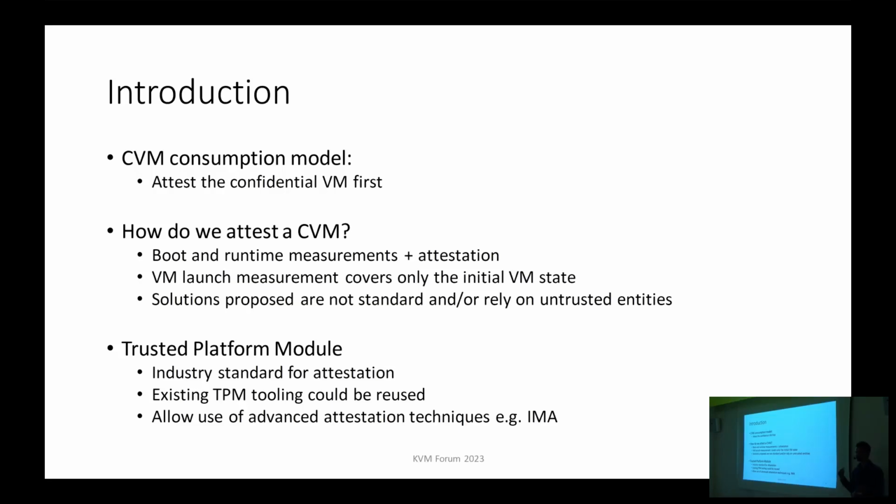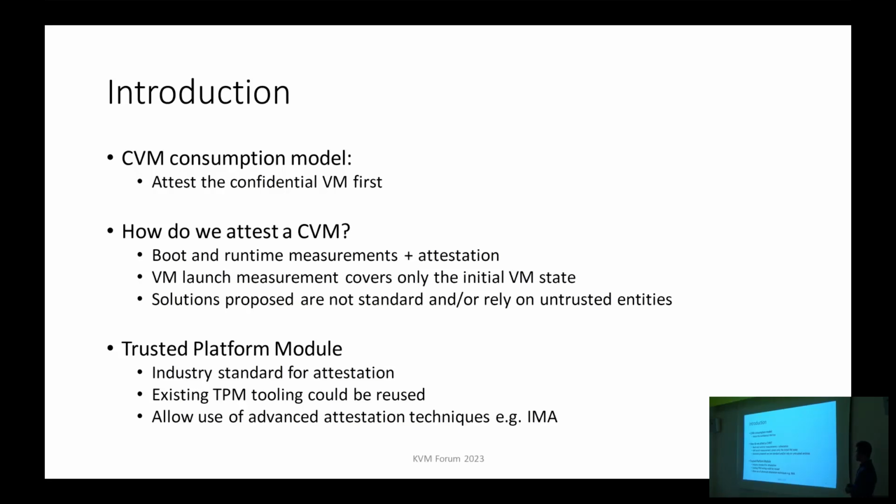In the last KVM Forum, last year, Tobin and Dov started discussing how we could have a more standard way of attesting a confidential virtual machine. We believe that using the Trusted Platform Module is a good way of doing that, because the TPM is an industry standard for attestation, and it also already has rich TPM tooling that we could reuse.